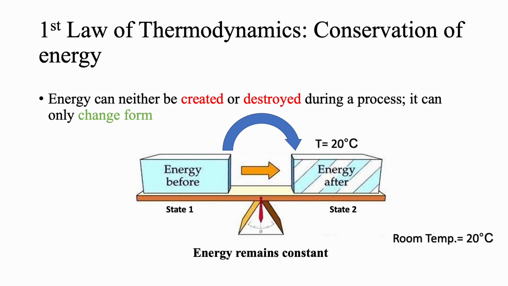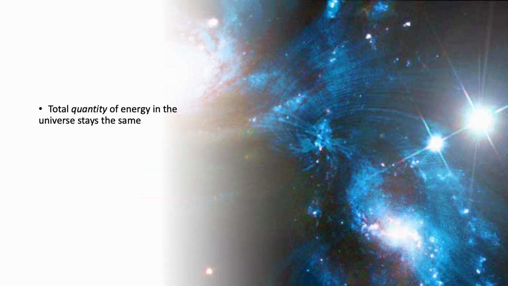But in fact, the energy has changed its location or its form from one form to another. And this leads us to the fact that the total quantity of energy in the universe stays the same, but it can only transfer from one medium to another.